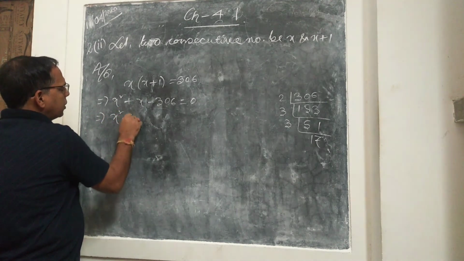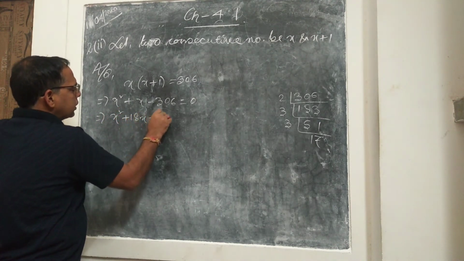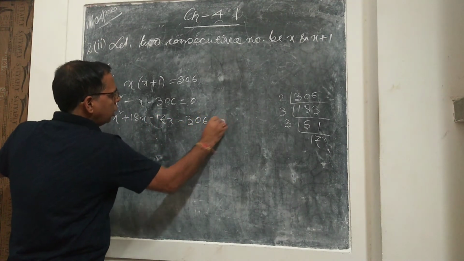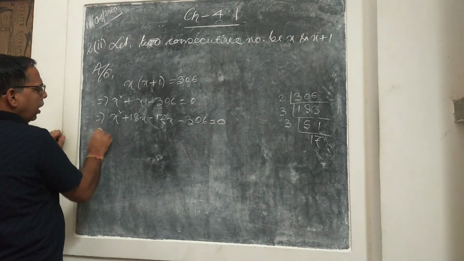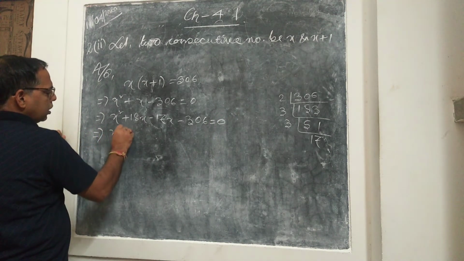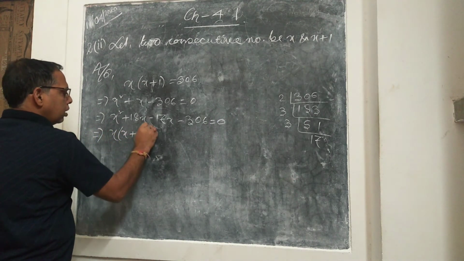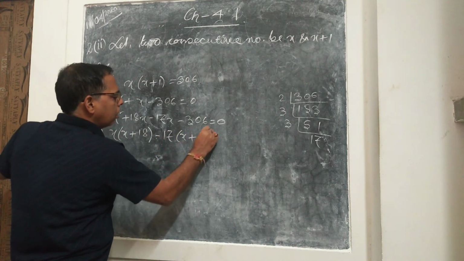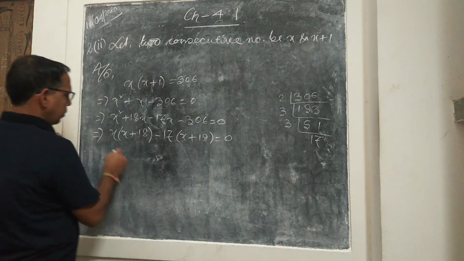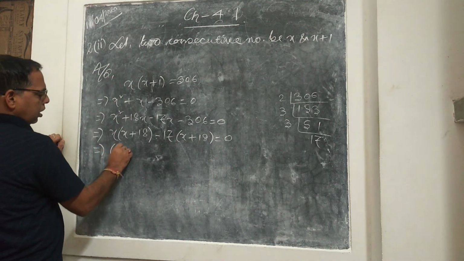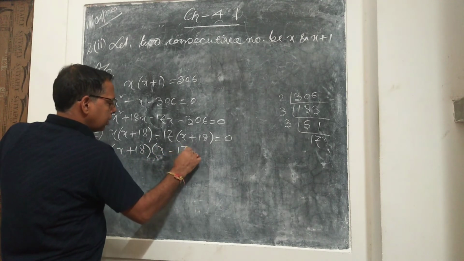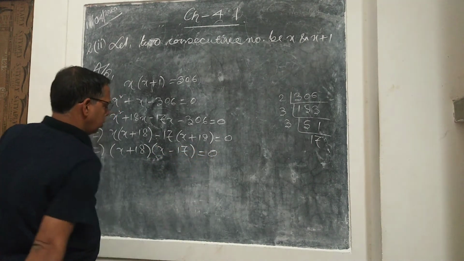So x square plus 18x minus 17x minus 306 equal to 0 implies x, x plus 18, minus 17, x plus 18 equal to 0 implies x plus 18, x minus 17 equal to 0.